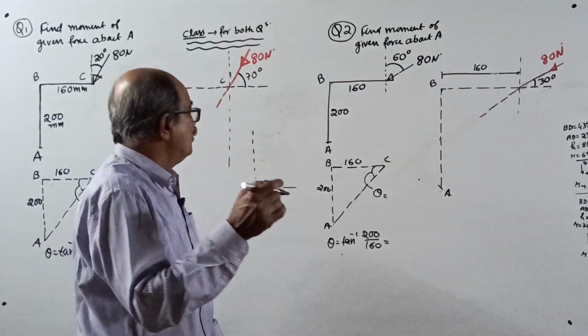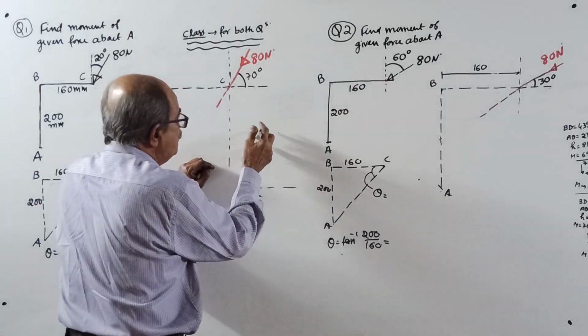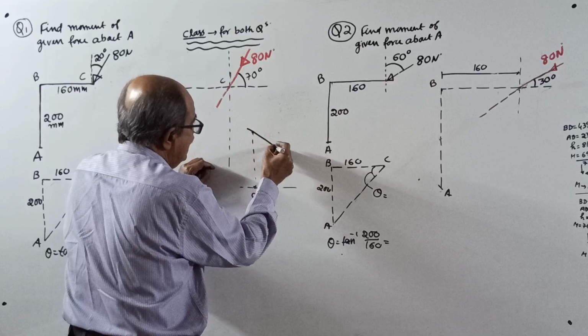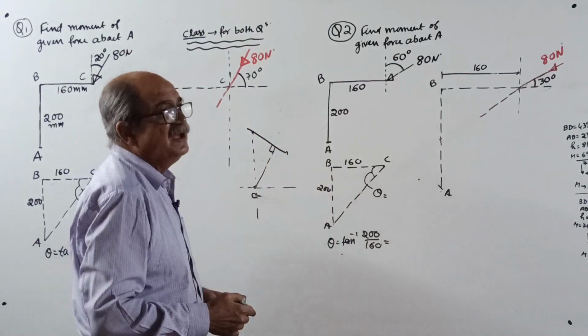If the inclined force passes through a given point which is known to you this way, then the moment calculation is very, very simple. Simple triangle, you get the perpendicular.